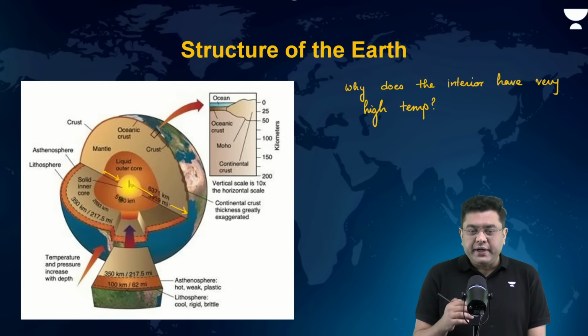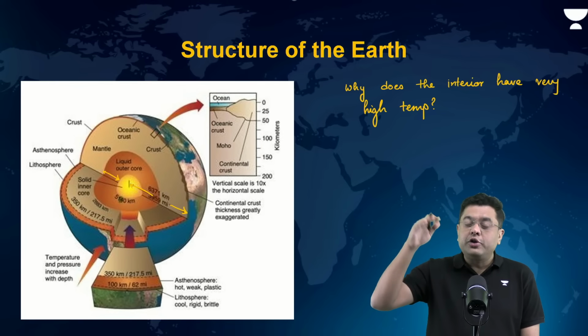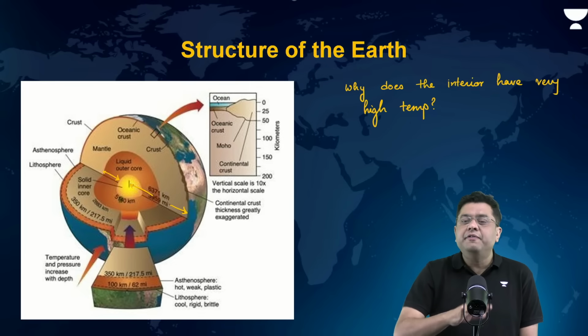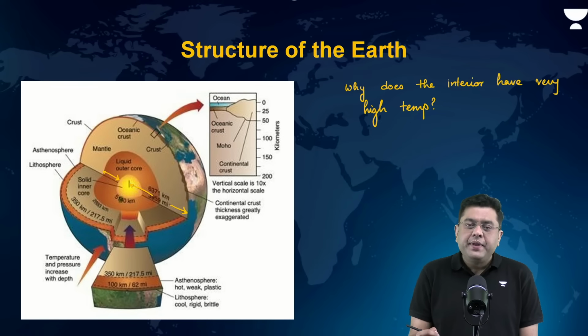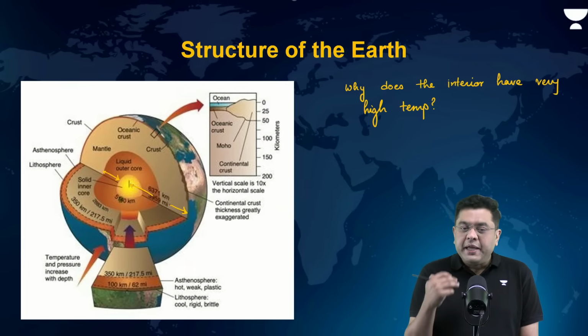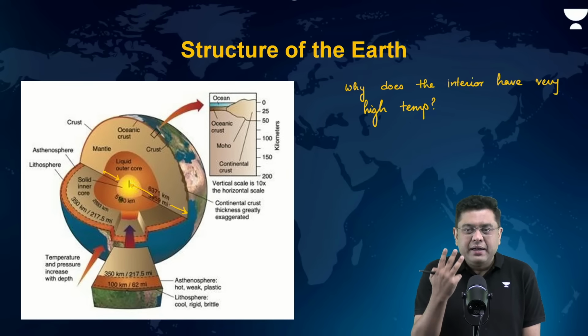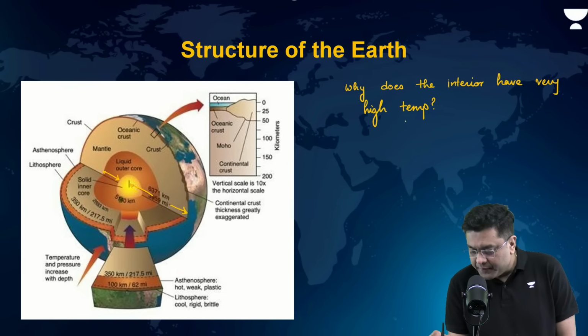But why is it that the interior is of very high temperature? What is blocking the inner core? The pressure from the outer core, the pressure from the mantle, everything is not allowing it to expand. Okay. So basically, the interior has got very high temperature because of three factors. What are those three factors?